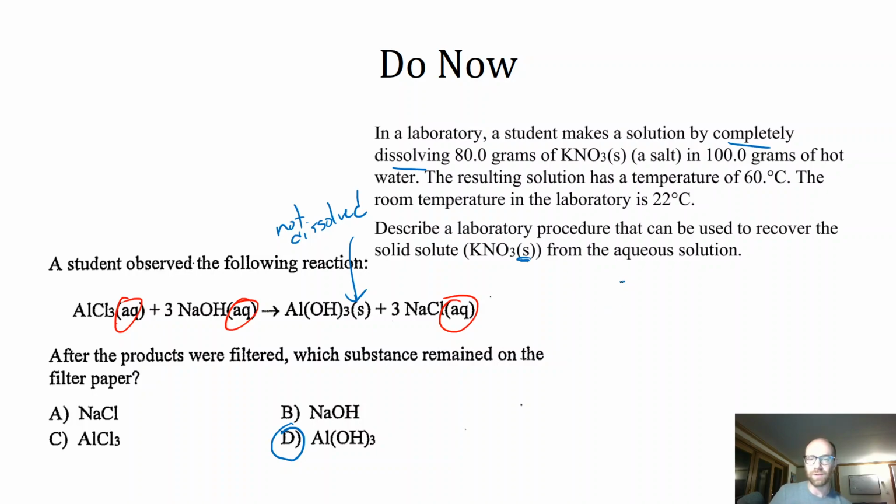So if we want to recover salt from a saltwater solution, we have evaporation and boiling as the suggested methods. If you go look at any answer keys, most are willing to accept distillation, although I still don't advise it and I don't like it as an answer. So I will put a sad face next to it, because that's not really what distillation's for. Distillation is to separate two liquids.